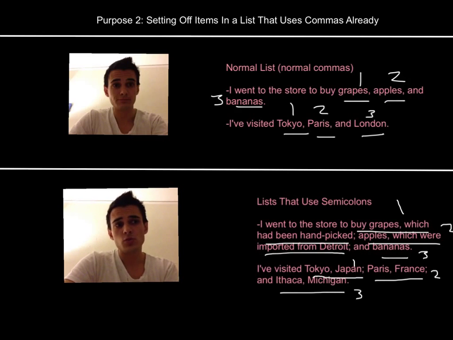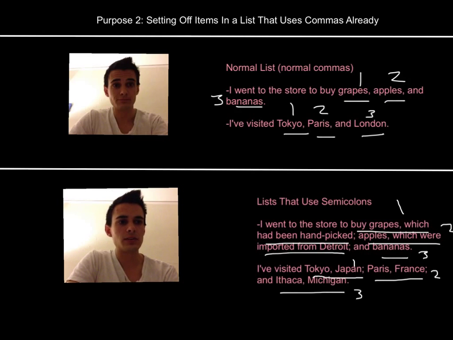So: I went to the store to buy grapes, which had been hand-picked; apples, which were imported from Detroit; and bananas. Now notice, not every item has to have a comma within it in order to require semicolons. If one item in the entire list has a comma in it, then you use semicolons throughout. The reason is that if you had commas where the semicolons currently are, things would get mighty confusing, and it would be unclear what the items in the list were.